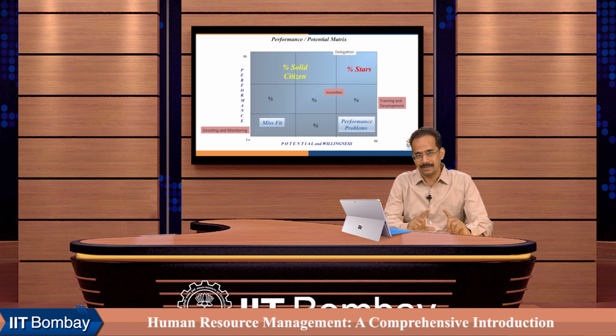So, we must notice that this matrix is called the talent matrix. Here nothing is useless. All quadrants, or all squares, represent a unique kind of talent.